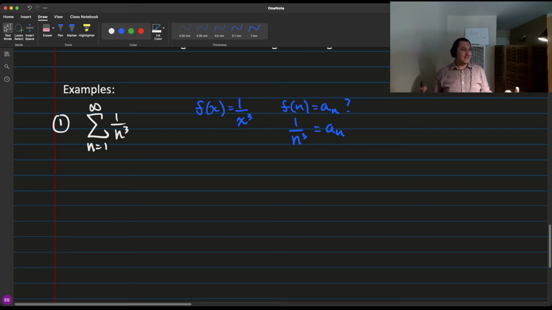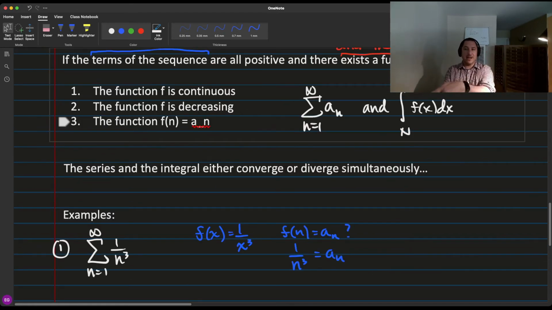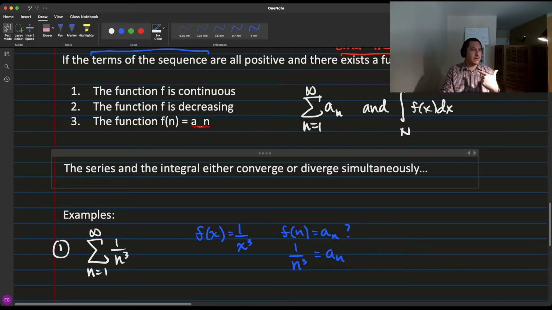Do you see how I've determined that the function I'll use is just 1 over x cubed? If you plug n into f of x, you get 1 over n cubed, which is literally the formula that I'm summing. They match. Okay, so that's the third criteria, because the third criteria says that you need f of n equal to a_n. Boom. Yeah, that works.